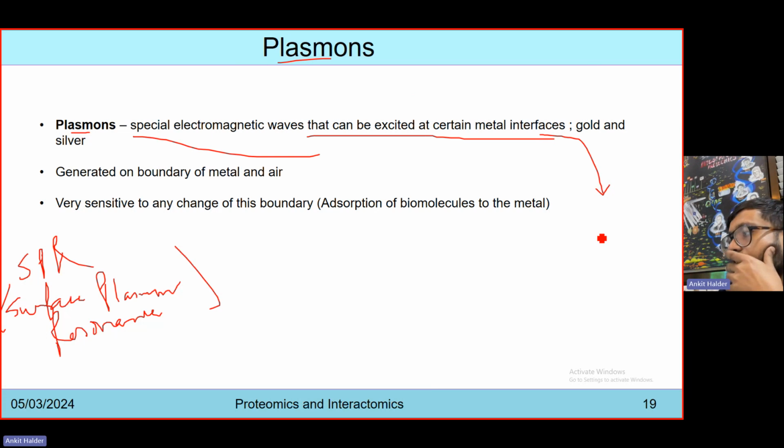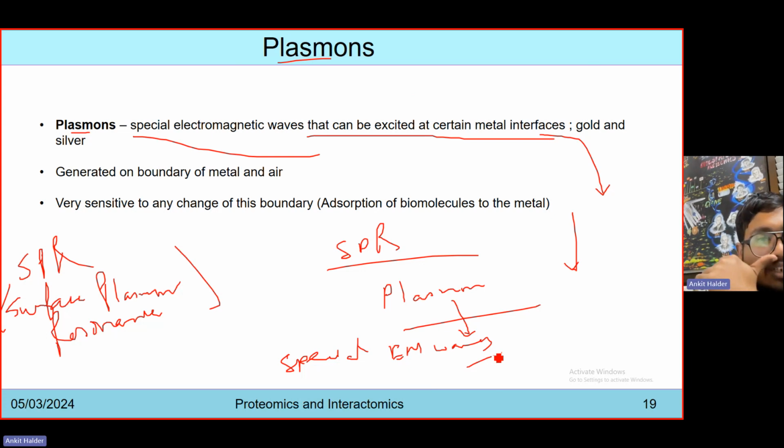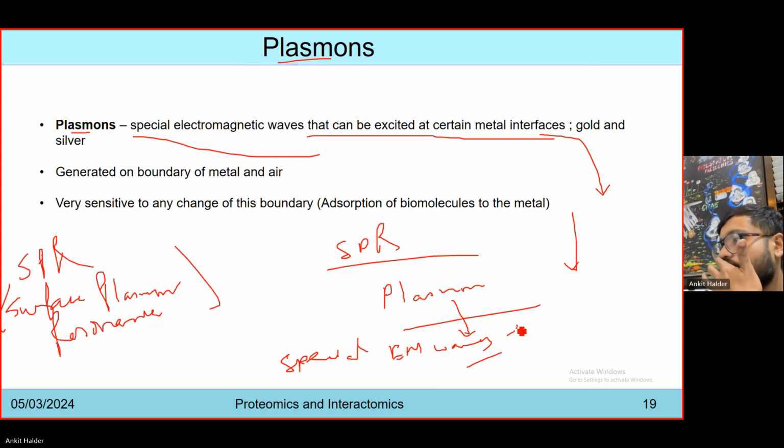So SPR is surface plasmon resonance. Plasmons are special EM waves excited at certain metal interfaces.